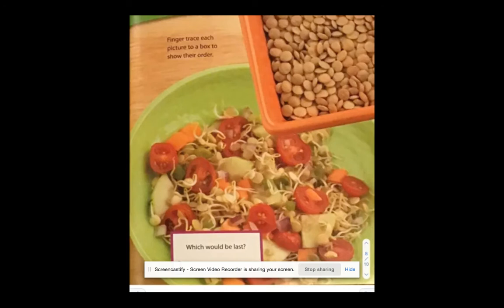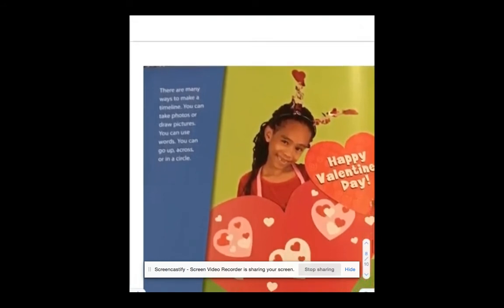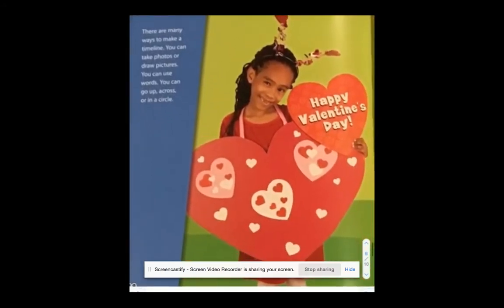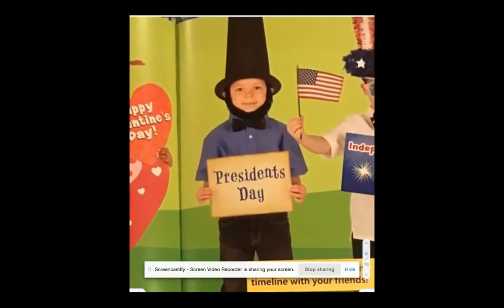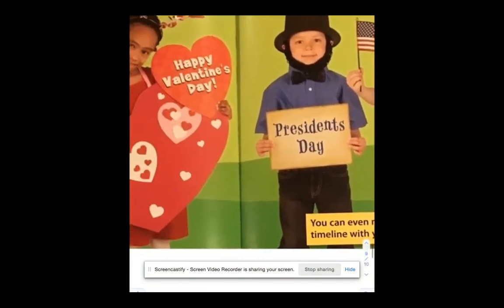Which would be last? There are many ways to make a timeline. You can take photos or draw pictures. You can use words. You can go up, across, or in a circle. You can even make a living timeline with your friends.